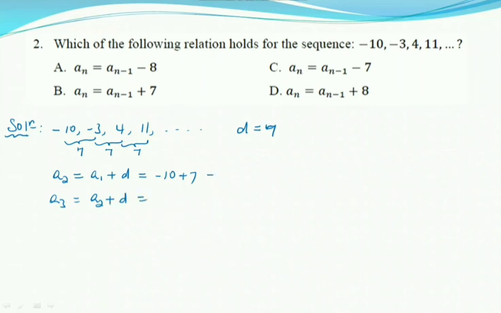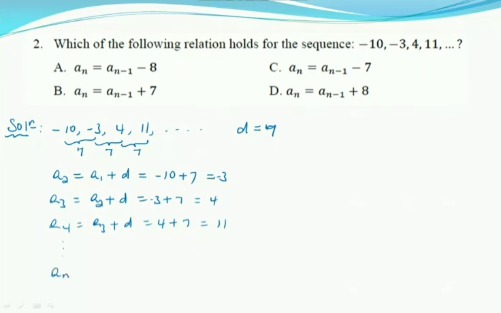The second term is minus 3, so the third term is minus 3 plus 7, which is 4. And the fourth term is the third term plus the common difference. The third term is 4, the common difference is 7, which gives 11, and so on.